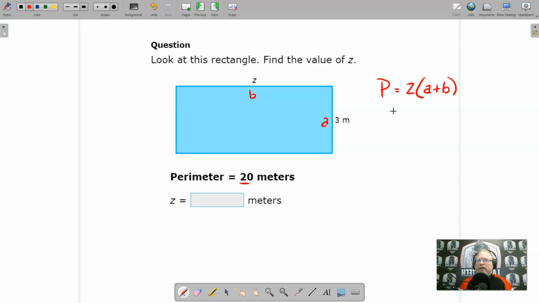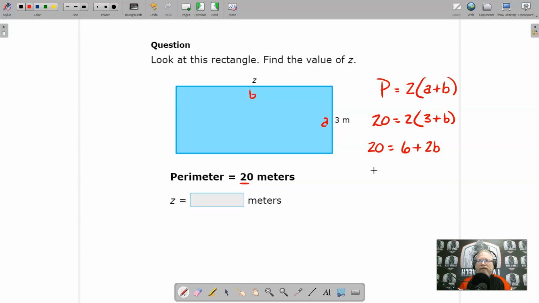They tell us the perimeter is 20, so we'll plug in 20 for the perimeter. 2 times the quantity, in this case a is 3, plus b is unknown. So here we're going to use the distributive property to simplify this side. So let's bring our 20 here. 2 times 3 equals 6, and 2 times b is 2b.